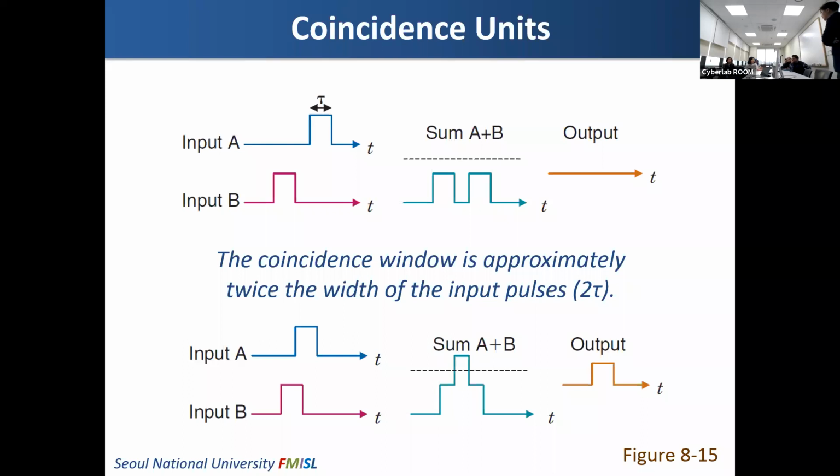Some of the newer scanners say that they have time of flight. Let's say Philips says they have time of flight, whereas the other scanner doesn't. They say that it decreases the background and increases the signal to noise ratio.